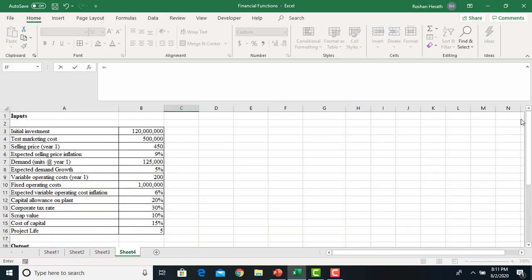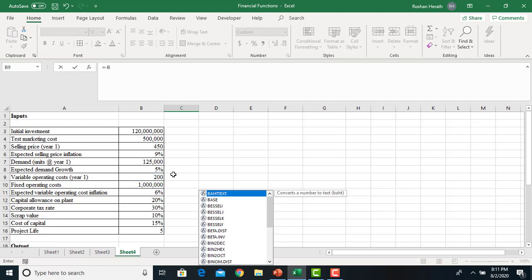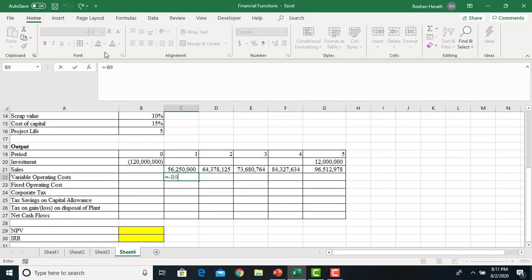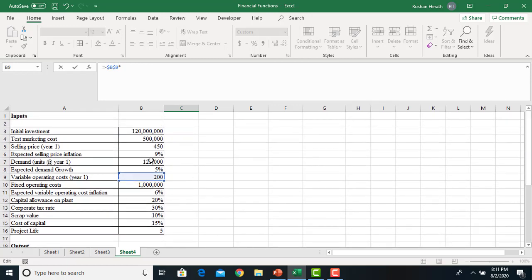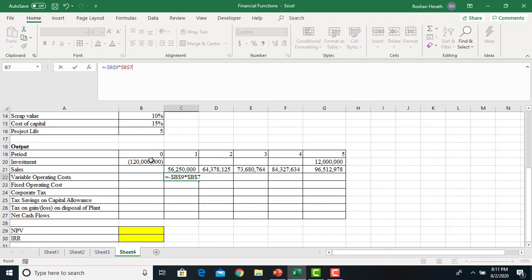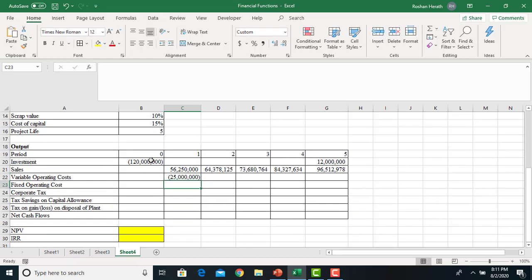Make it minus 200 multiplied by, make it constant as well, multiplied by the demand. So it is 125. Get that. So it's 25 million.